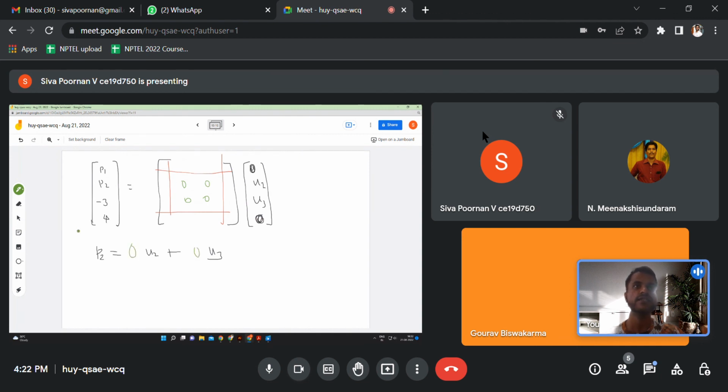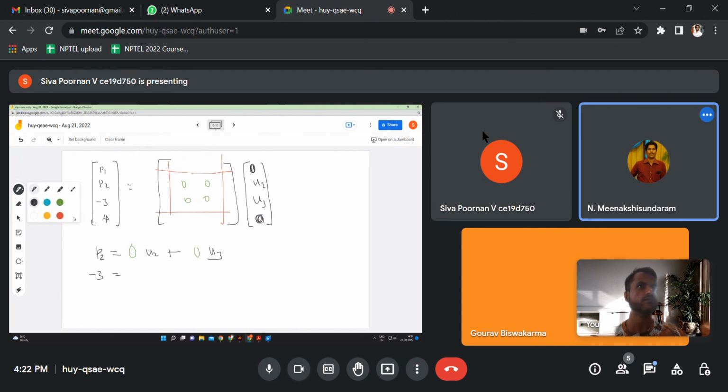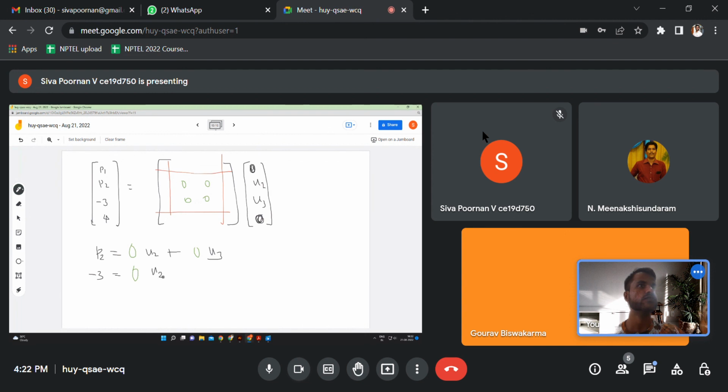And then the other equation that I have is minus 3 is equal to this value into U2 plus this value into U3. All these four numbers you can write. Now you have actually two variables or three variables, therefore you will not be able to directly solve this system.